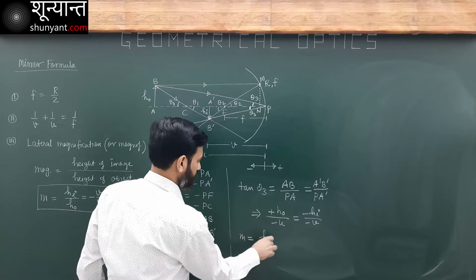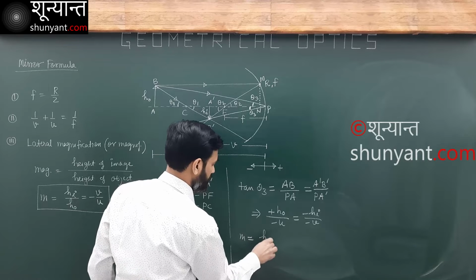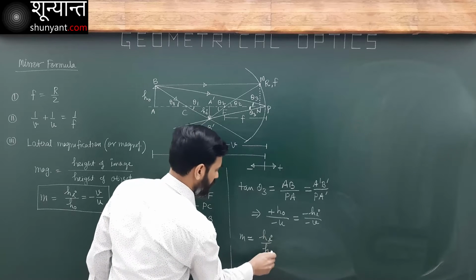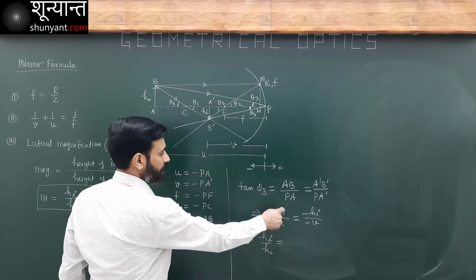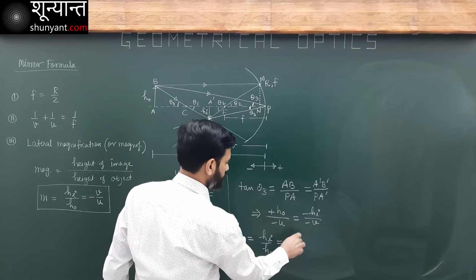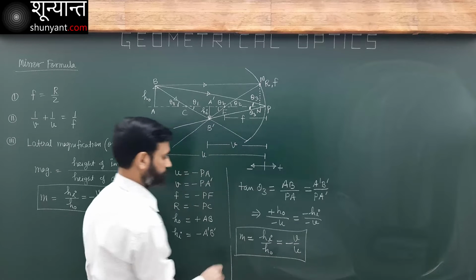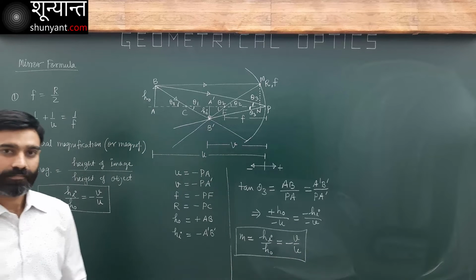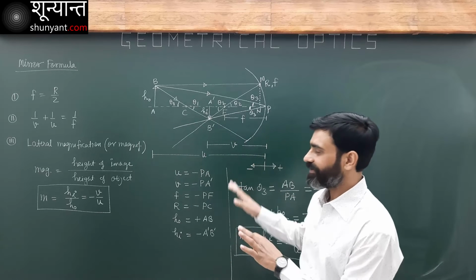Magnification is equal to height of image over height of object, and from this relation it is going to be equal to minus of V over U.